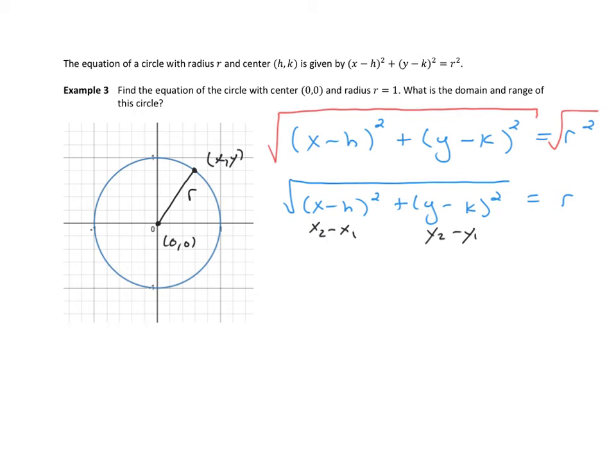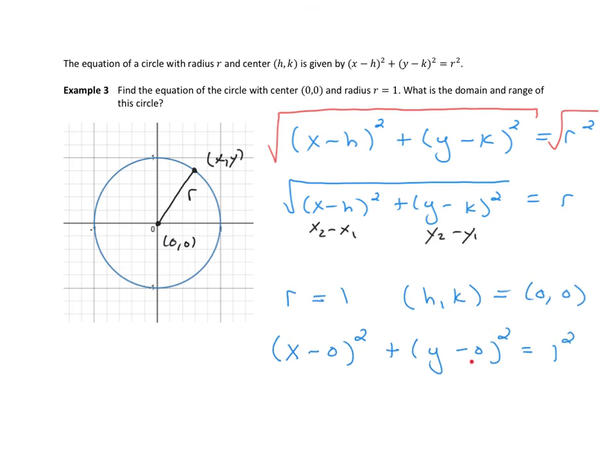All right, so r is equal to 1, and the center h, k is equal to 0, 0. In the formula for the circle, we get x minus 0 squared plus y minus 0 squared is equal to 1 squared. We can simplify this. I don't need these minus zeros. In fact, I don't even need the parentheses.